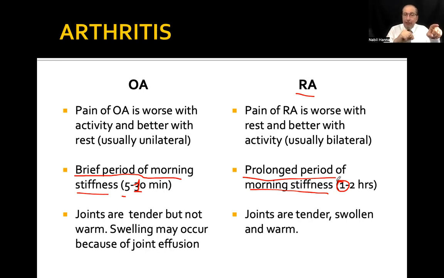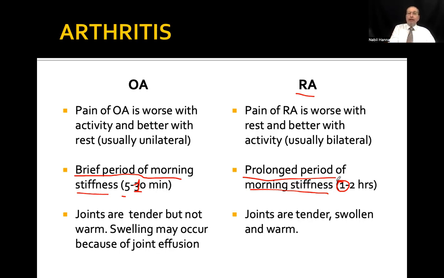You don't have enough anti-inflammatory hormone. So the inflammatory process goes on and on all overnight with accumulation of inflammatory mediators and chemicals. And this will cause significant symptoms, which is the prolonged period of morning stiffness. Then, with the early production of cortisol, this morning stiffness will take time to resolve.